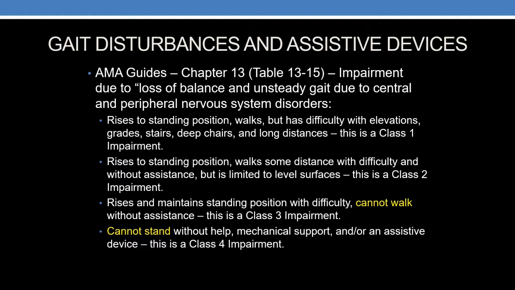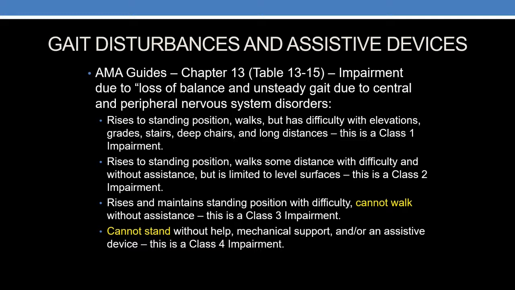Now, the next level of impairment, the Class 2 impairment, is a person who rises to a standing position, walks some distance with difficulty and without assistance, but is limited to level surfaces. So I want you to picture that in your mind.